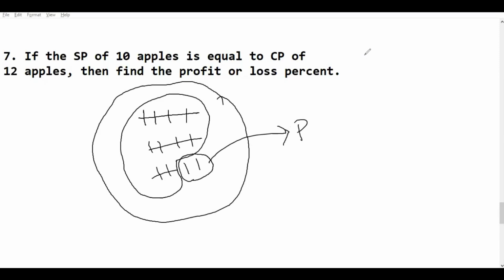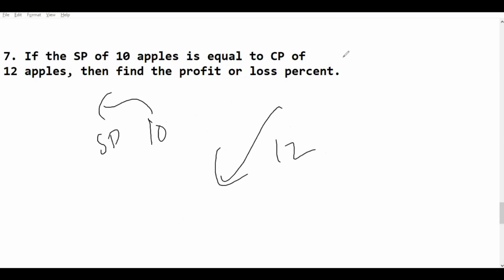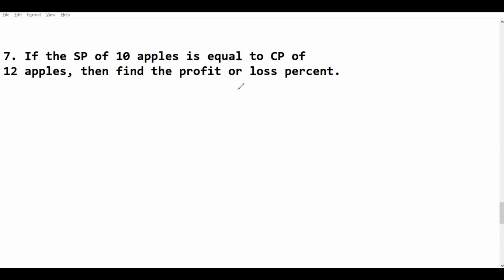So by looking at the question, 10 SP equals 12 CP. You are selling 10, but you are getting 12, which means you are in profit. Guys, I want to clear this point: profit or loss is always calculated only on cost price.